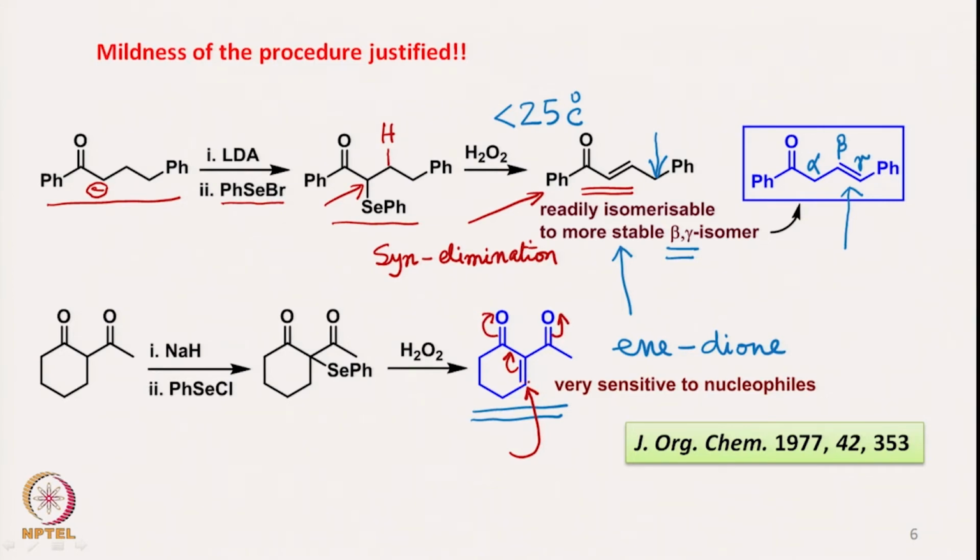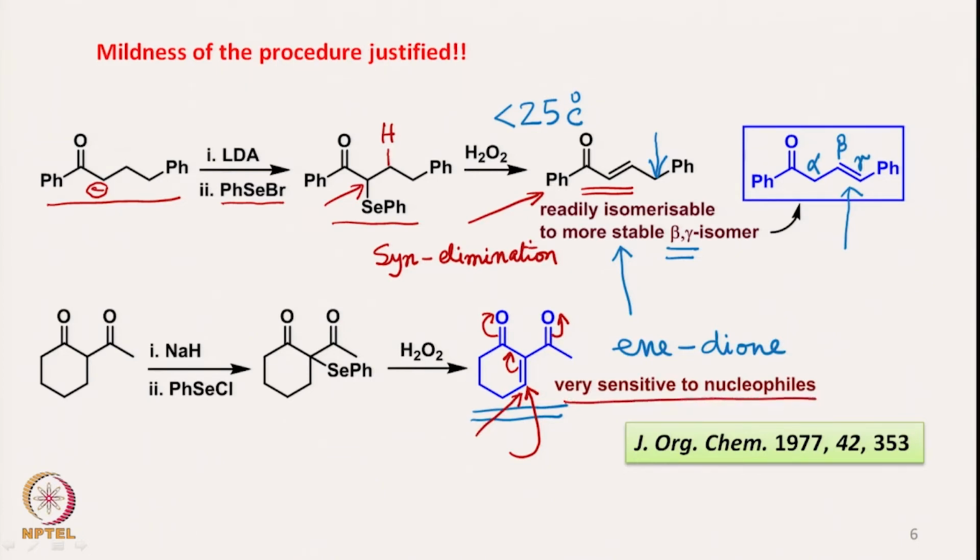So, one double bond and two electron withdrawing groups makes this particular carbon atom here very electrophilic. This carbon atom is highly electrophilic and therefore very sensitive to the nucleophiles present in the reaction medium.